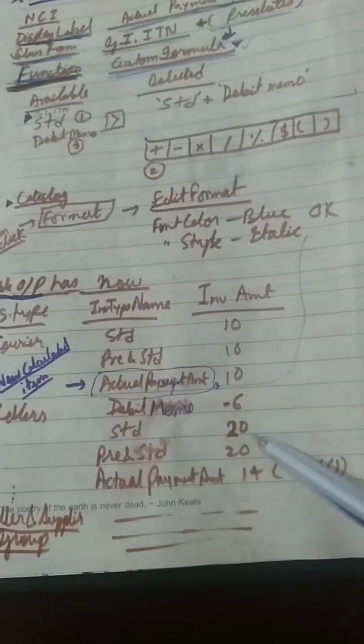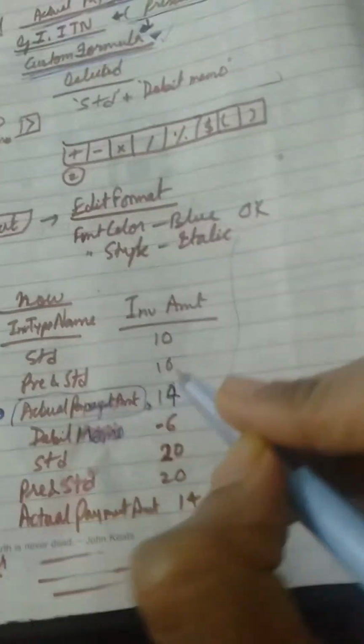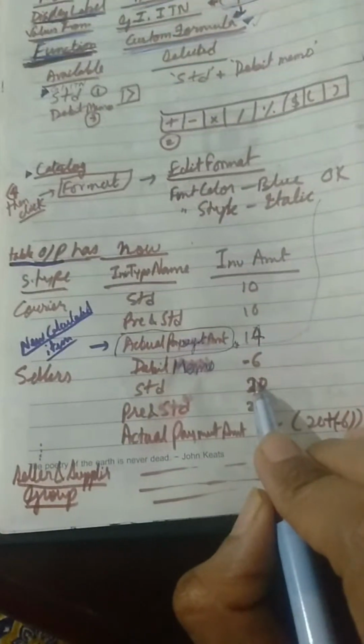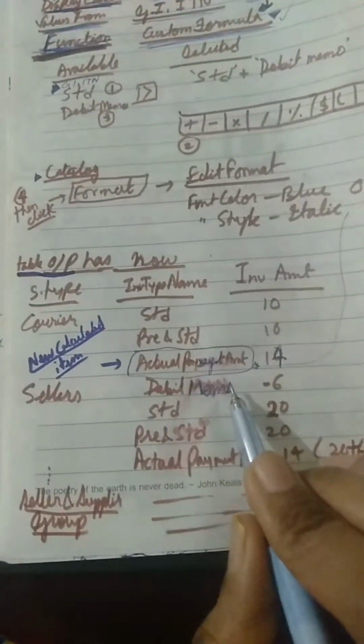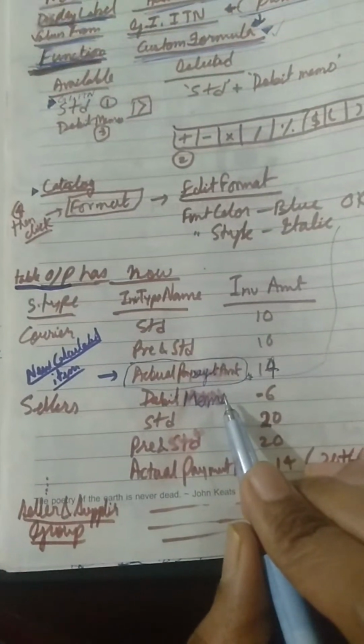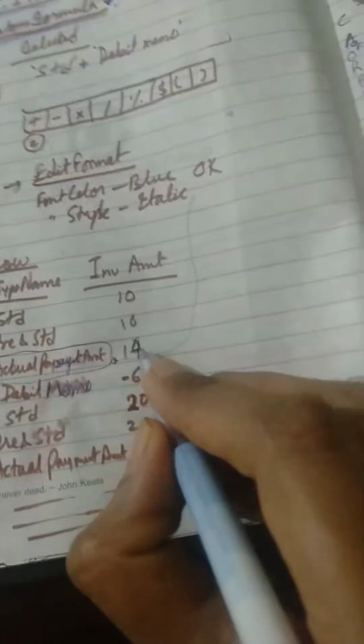Standard was 20, debit memo was 6, so it should have been 14 here. Because standard value is 20 and I've taken debit memo as well. Oh sorry, this is 10 only. I'll tell you why.